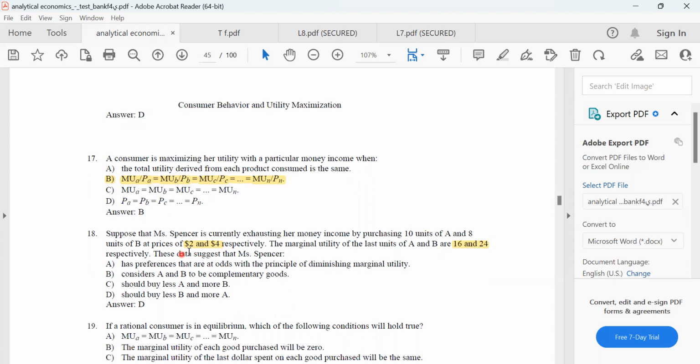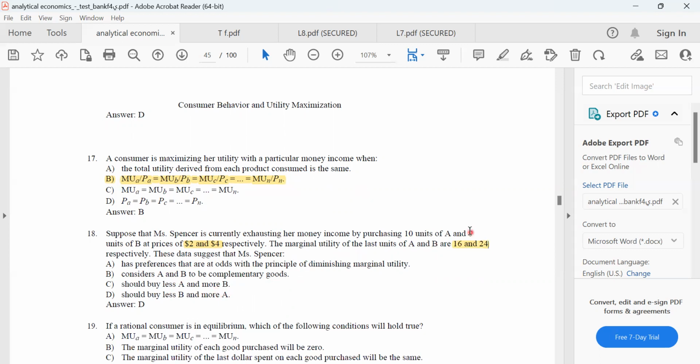So this data suggests that Mrs. Spencer has preferences that are at odds with the principle of diminishing marginal utility, or considers A and B to be complementary goods, or should buy less A and more B, or should buy less B and more A.